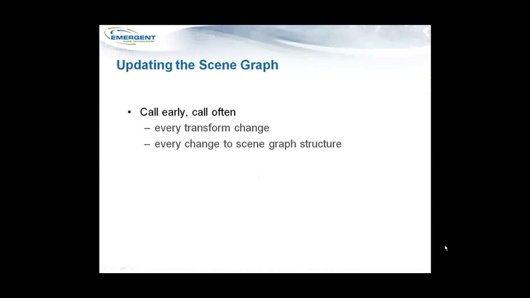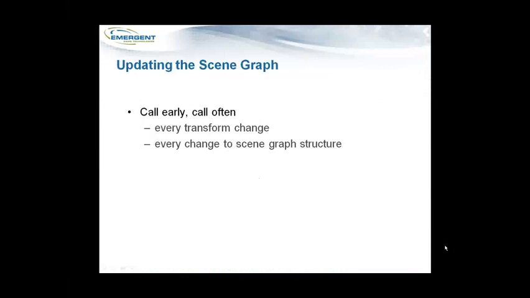Scene graph structure changes when things are added to the scene, removed from the scene, moved around in your conceptual model of the scene. Why do we have to call update? Because Gamebryo caches as much information as possible at the geometry, at the leaves of the scene graph. And so when internal information changes, all the cached values at the leaves may need to be updated. And the bounding volumes in the interior of the scene graph may also need to be updated.